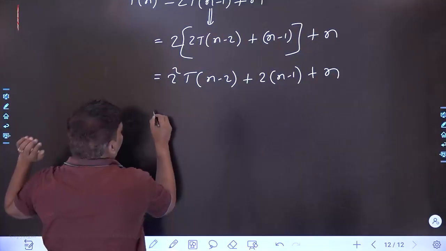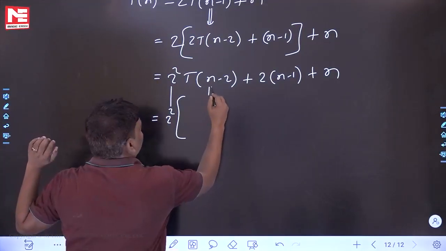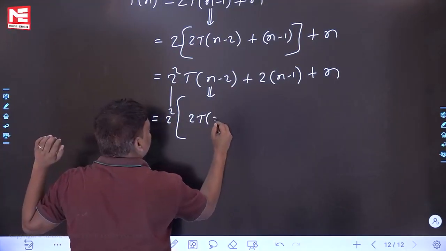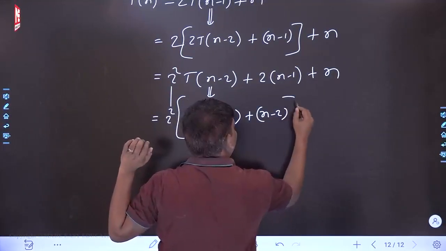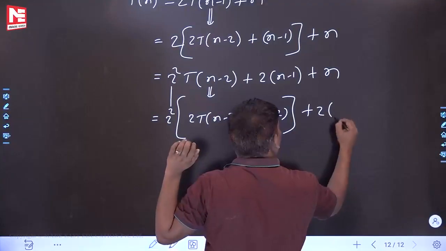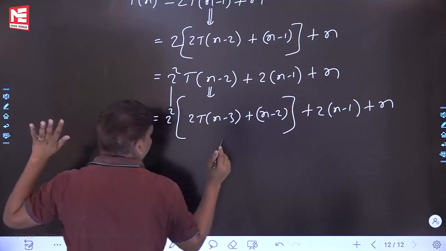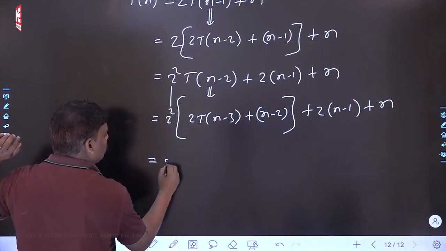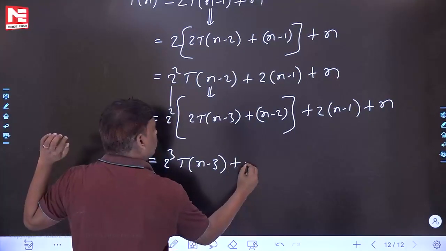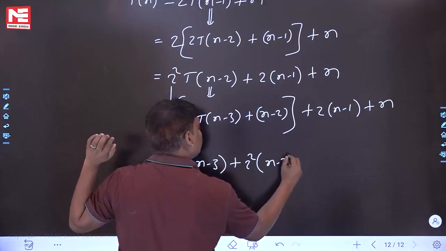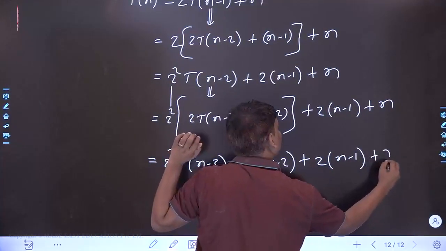Let's go one more round. 2 square times 2T(n-3) plus (n-2), outside as it is, 2(n-1) plus n. I am not doing anything; whatever I did in the previous problem, the same thing I am doing. 2 cube T(n-3) plus 2 square (n-2) plus 2(n-1) plus n.